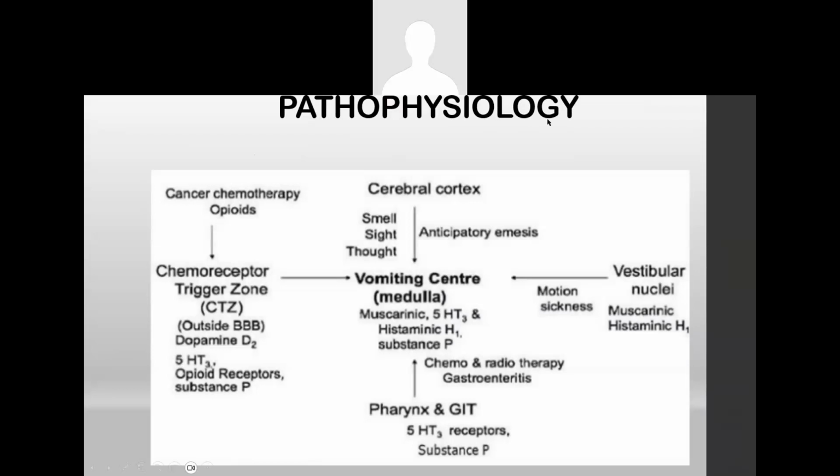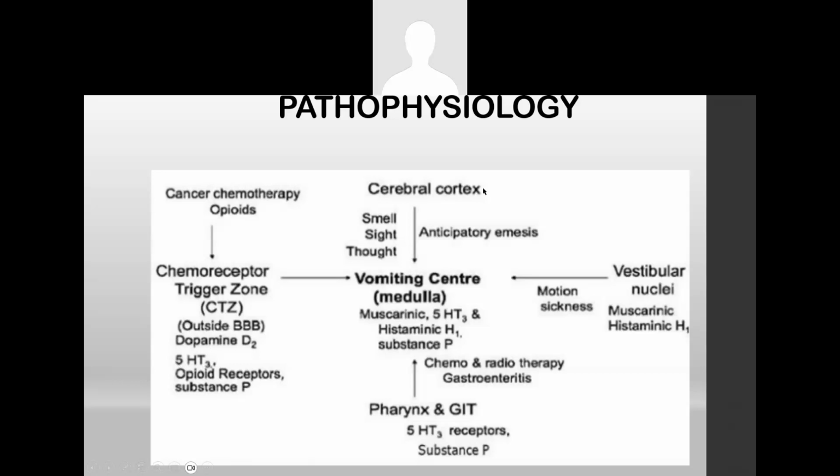According to the pathophysiology of nausea and vomiting, we can target our treatment approach. Cancer chemotherapy or opioids stimulate the chemoreceptor trigger zone, so the targets are dopamine D2, 5-hydroxytryptamine 3, opioid, or substance P receptors. This is the target for the chemoreceptor trigger zone.